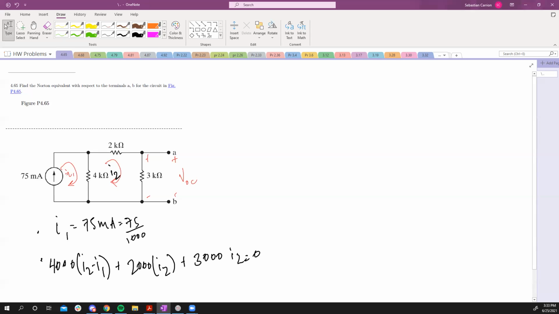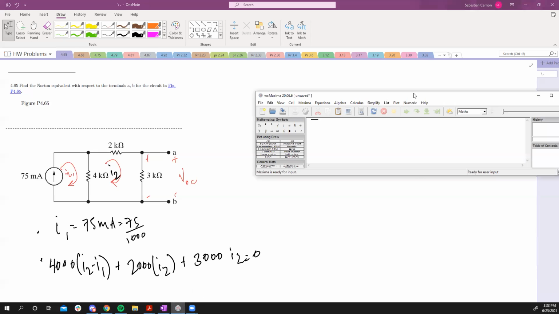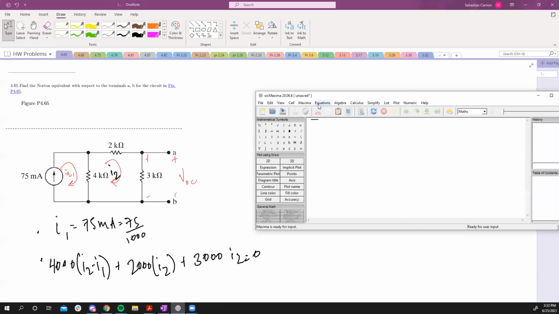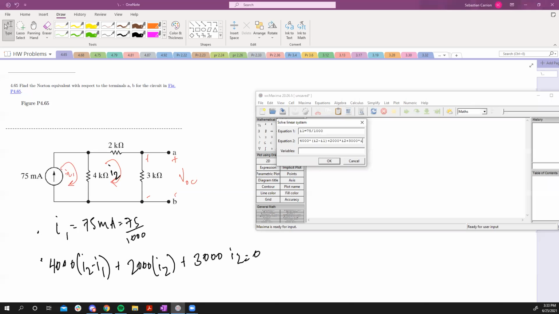Right, so I'm going to plug this into Maxima just because I want to avoid doing all the math. So I1 equals 75 over 1,000, and then 4,000 times I2 minus I1 plus 2,000 times I2 plus 3,000 times I2 equals 0.